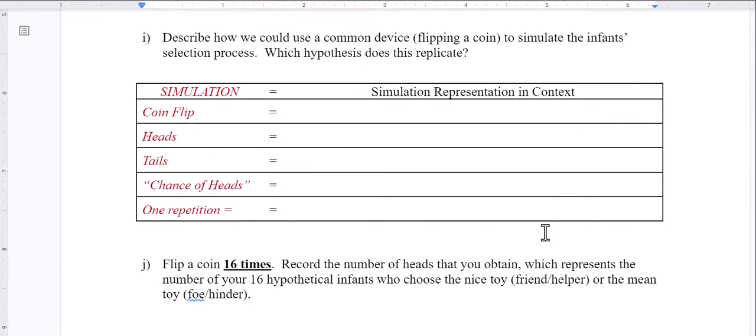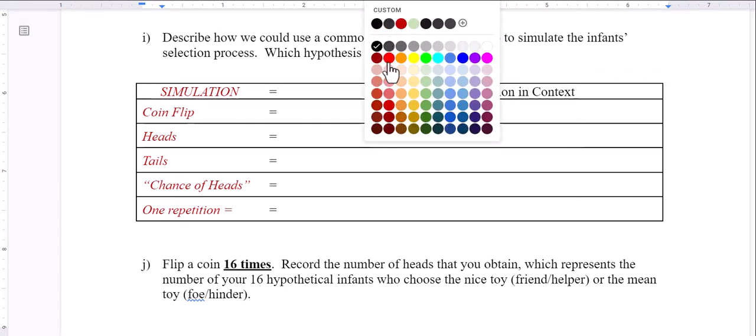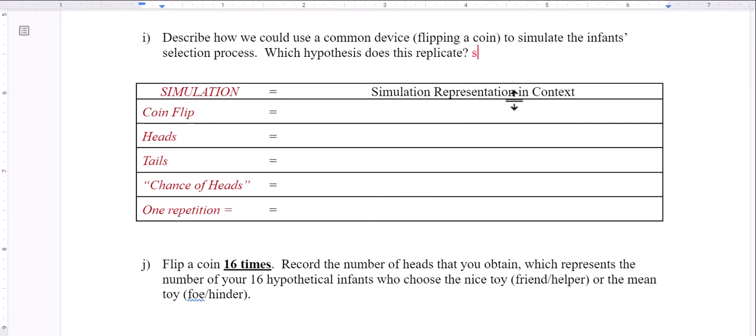Describe how we could use a common device like a coin flip to simulate the infant selection process. Which hypothesis does this replicate? So let's answer the hypothesis part. Which hypothesis does this replicate? If you're just flipping a coin and noting where it lands, that's at random, right? So this is simulating the null hypothesis.